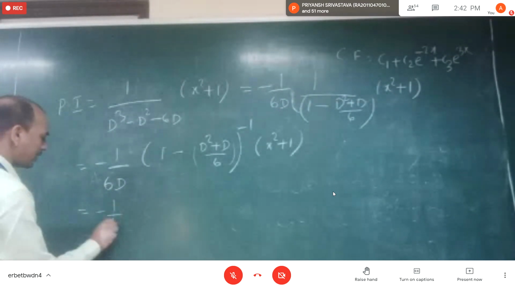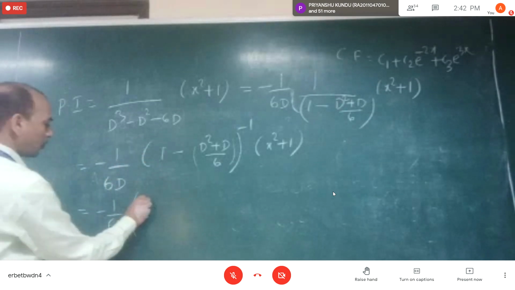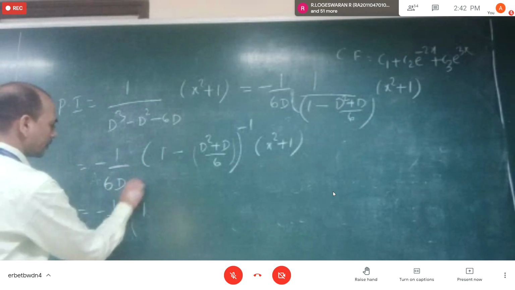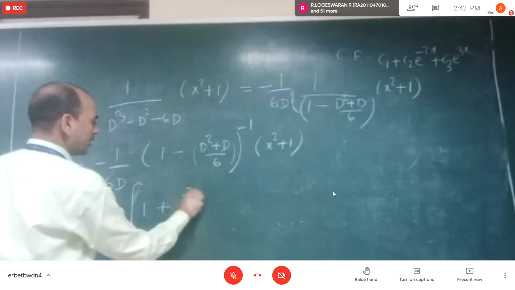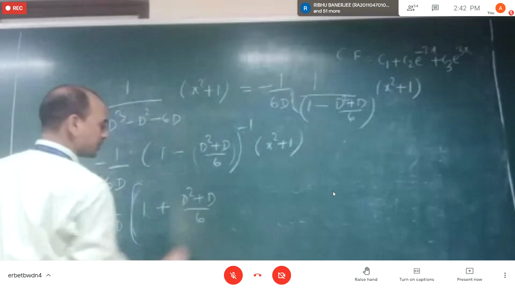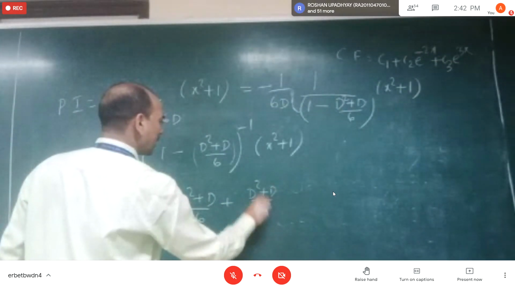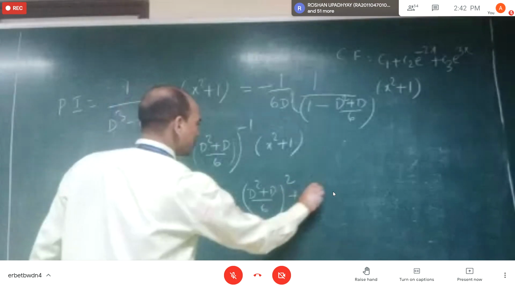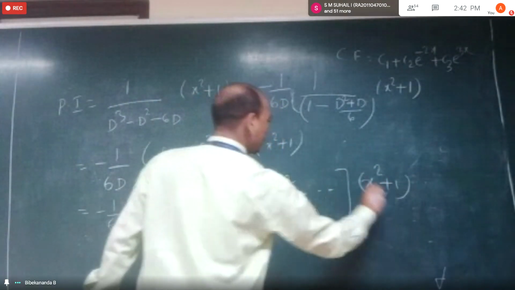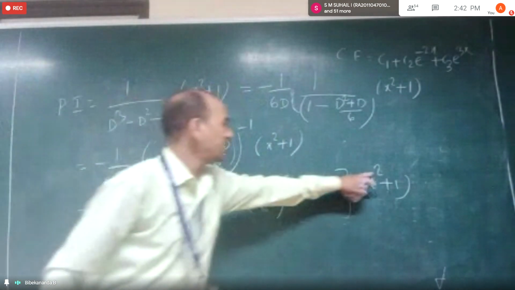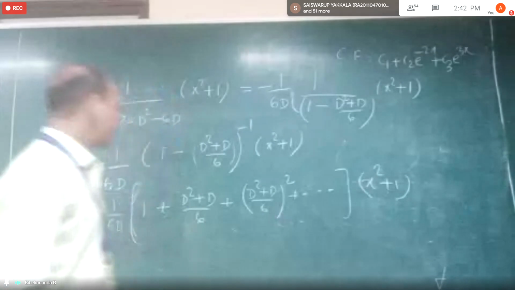Minus 1 by 6D whole into 1 plus D square plus D by 6, then D square plus D divided by 6 whole square, and so on. And we need not go further, because the maximum degree is 2. Okay, so this is the thing.